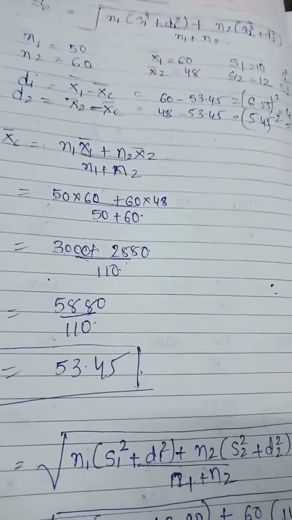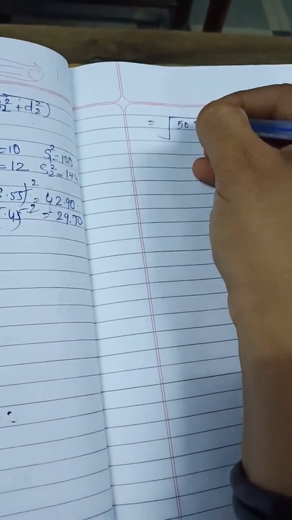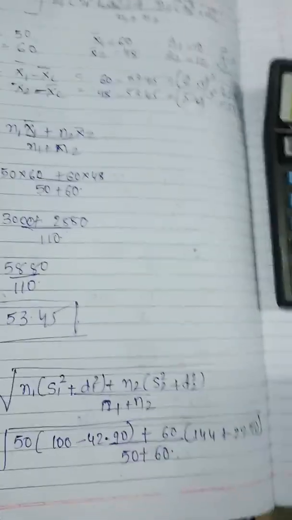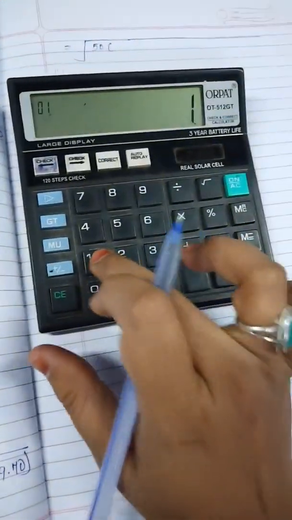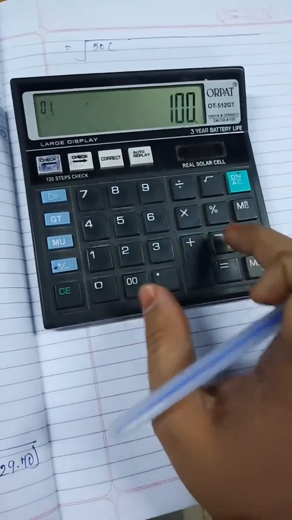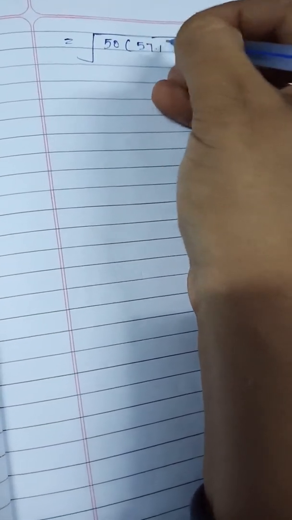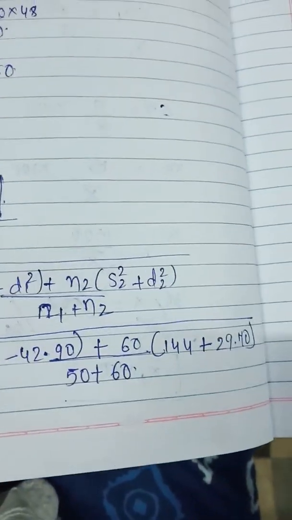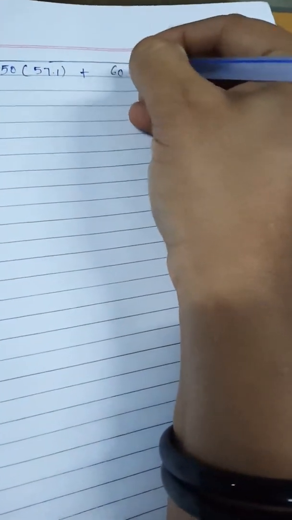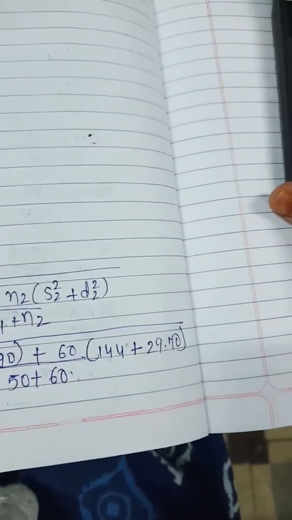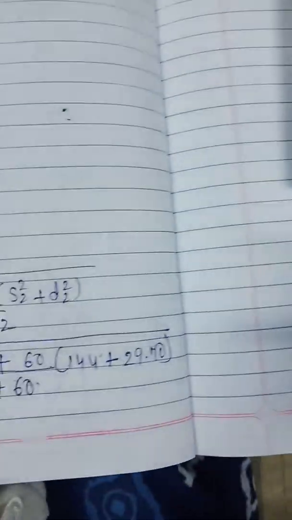Now here, square root, 50 into bracket, now 100 minus 42.90. So here 100 minus 42.90, that is 57.1, plus 60, that is 144 minus 29.70.